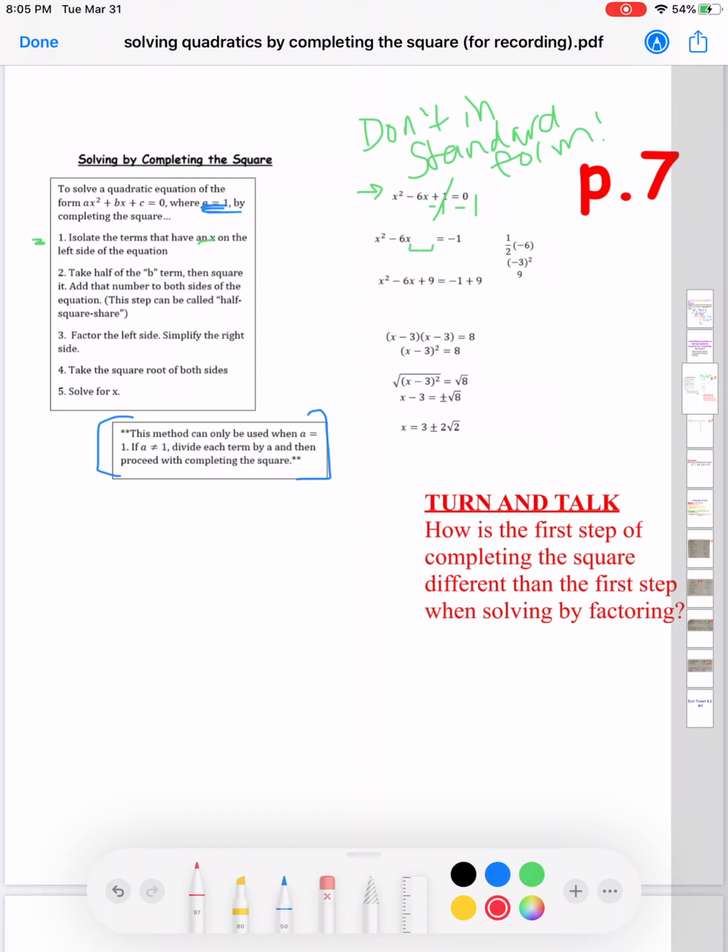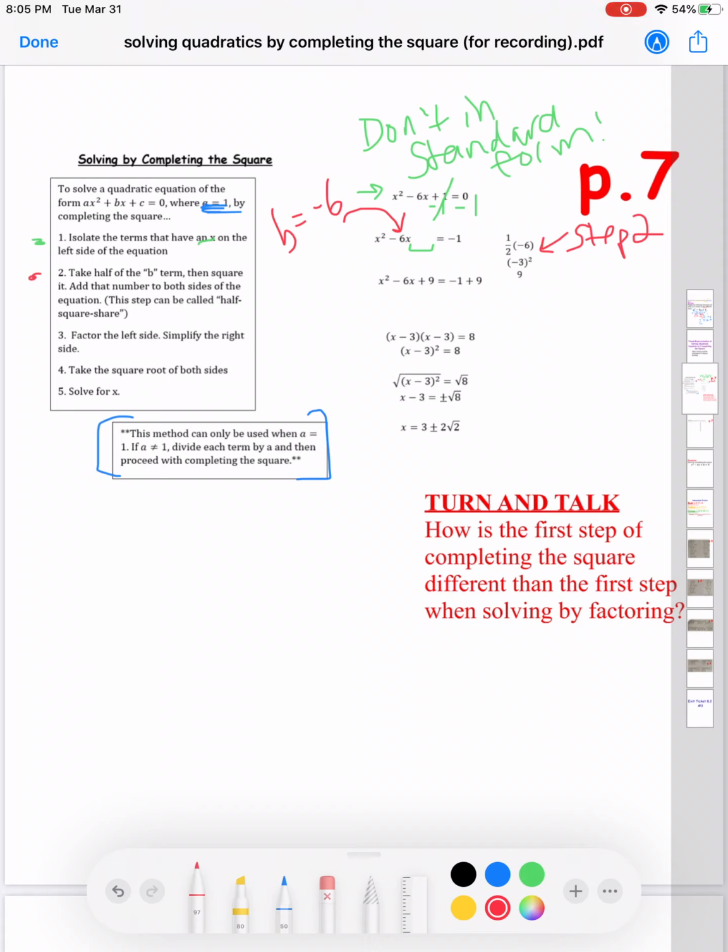Getting into step 2, it says take half of the b term, then square it, add that number to both sides of the equation. This step can be called half, square, share. So in this problem right here, you'll notice that our b term is -6. So I did step 2 right over here. I'm going to annotate this on the right side. This is step number 2. I take that b term, I take half, square, and share.